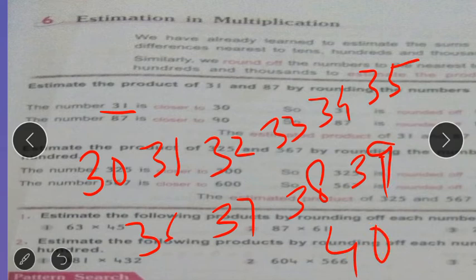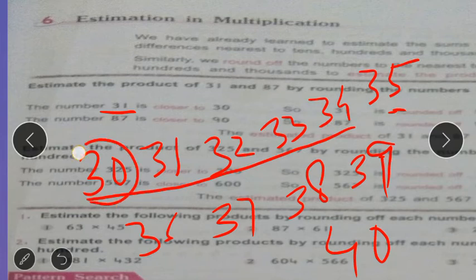So children, you have learned that the numbers like 31, 32, 33, 34, which are less than 35, have a round off of 30 only. Because 31 is closer to 30, the round off of 31 is 30.